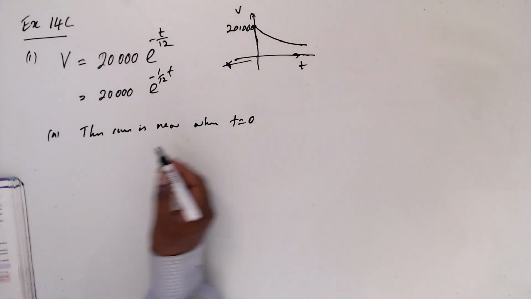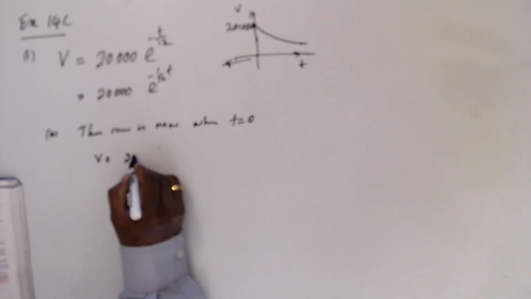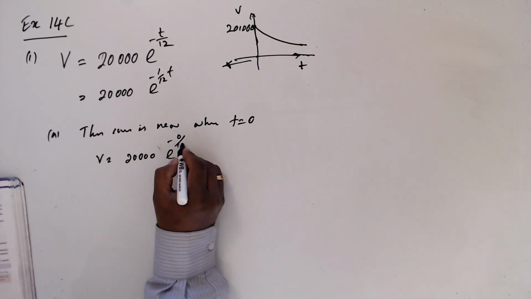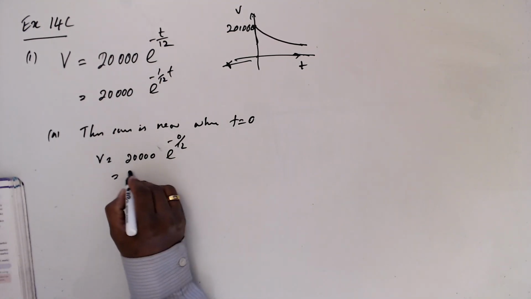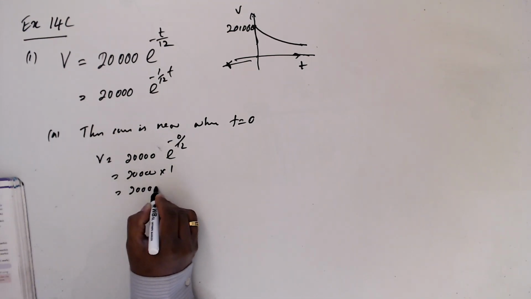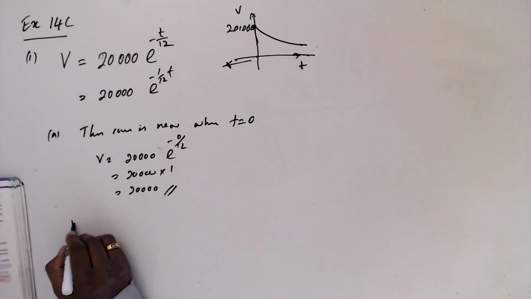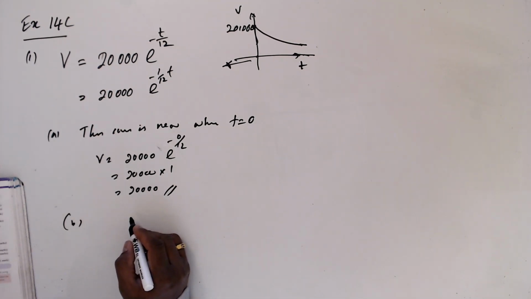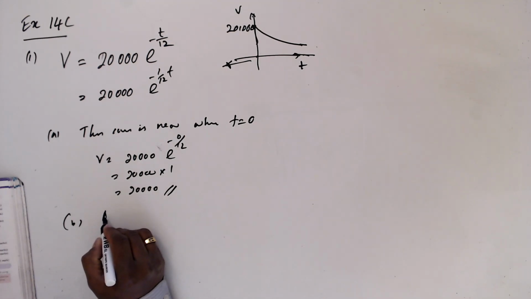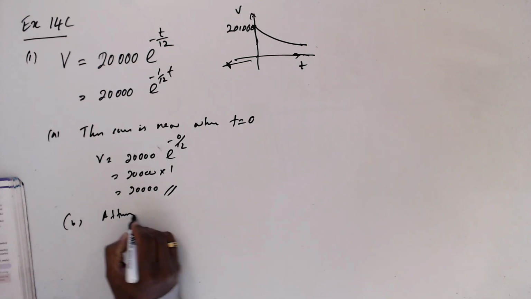So it's 20,000 times e to the 0 over 12, which is 20,000 times 1, that is 20,000. And part B: find the value, to the nearest pound, after 4 years.